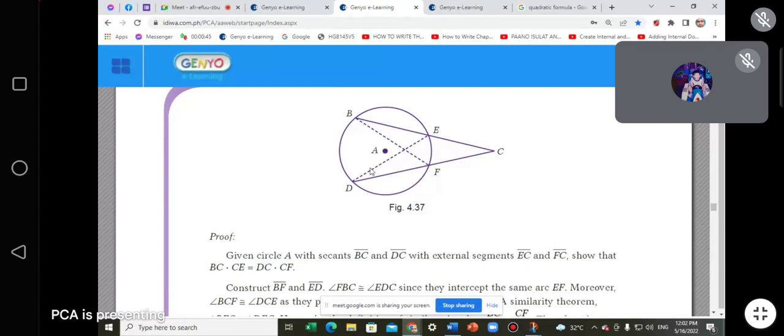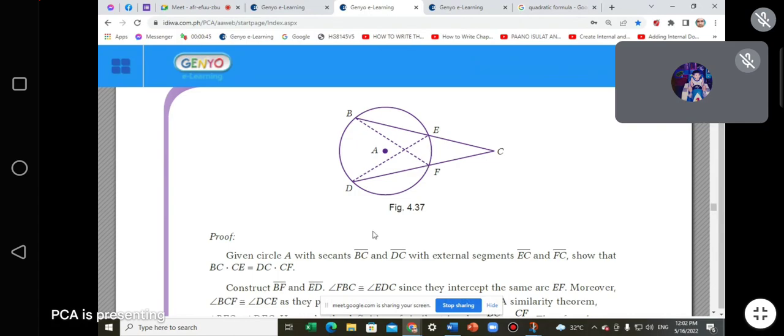We actually relate this figure to 4.13, which says there are two chords intersecting inside the circle. Two chords. Now this one is not two chords. Remember, the ones in broken lines are two chords.